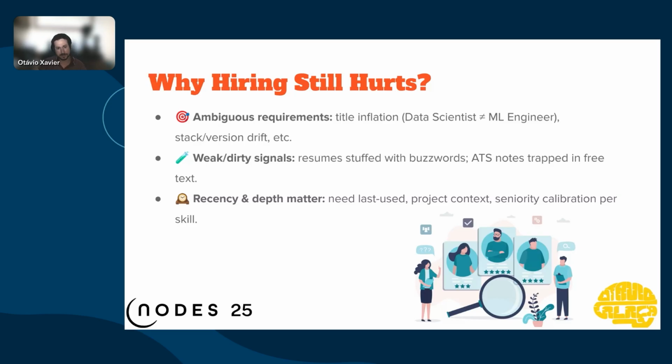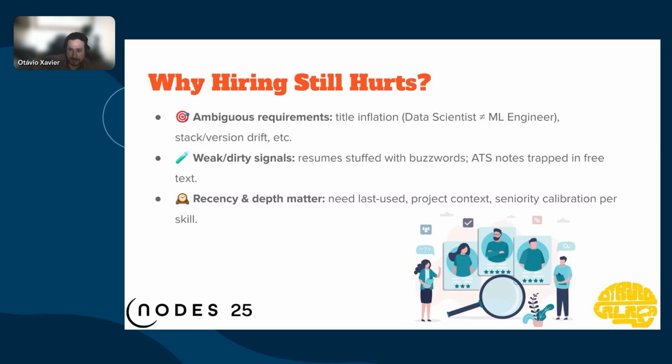Another problem we may face is the weak signals. For instance, inside the resumes, we may have a bunch of skills or buzzwords that the candidate is actually not strong on. They are just mentioned, and it's complicated to separate the ones they are really good at from the ones that are just mentioned in the resume.